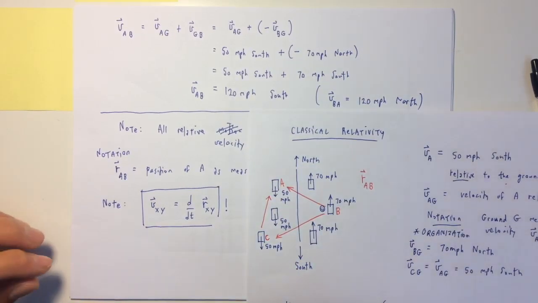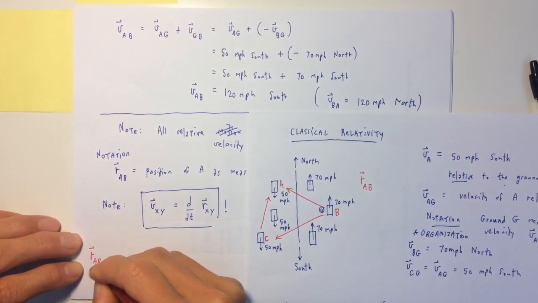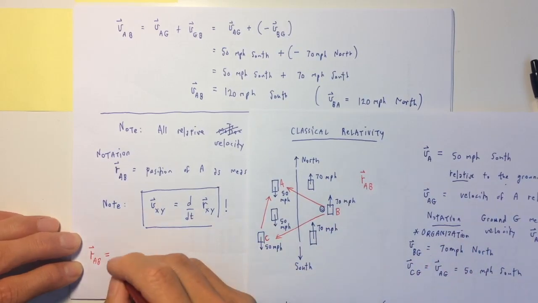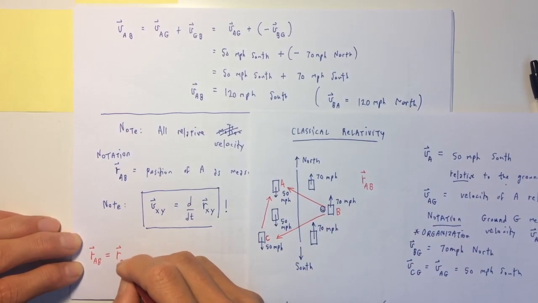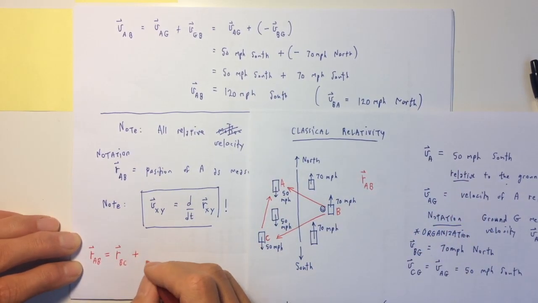Let me write this over here. That is, the arrow that points from A to B is equal to the arrow that points from B to C plus, right, the arrow that points from C to A.